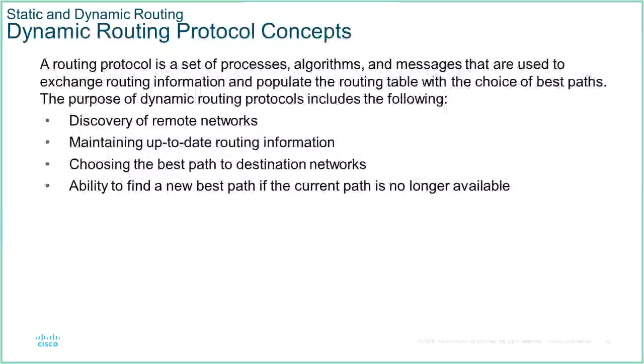It has mechanisms to keep that information current. So if a route times out, in other words, it can no longer be confirmed, it gets removed from the routing table.